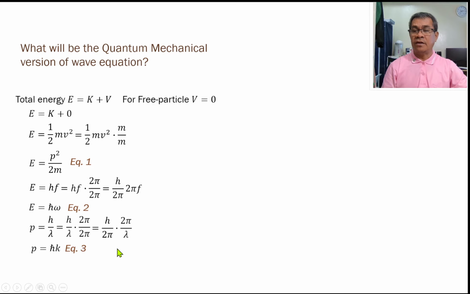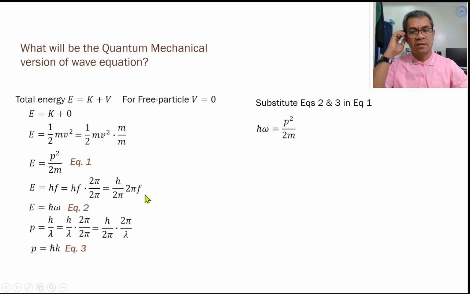Okay, so therefore, we have the definition of momentum in a quantum system, and we have this definition of energy in a quantum system. Now substitute all of this in equation 1, and we have this result. Okay? So instead of having energy E, replace it with h bar omega. And take note that p is h bar k.